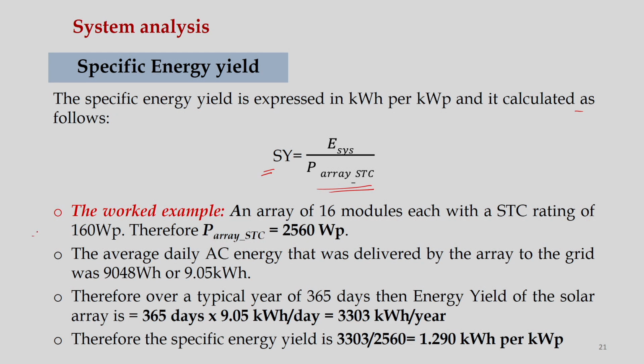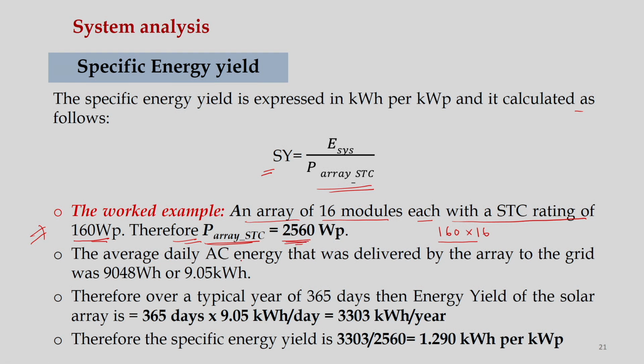In the same problem, an array of 16 modules with an STC rating of 160 watt peak. Therefore, P array STC will be 160 multiplied by 16, so this will be 2560 watt peak.